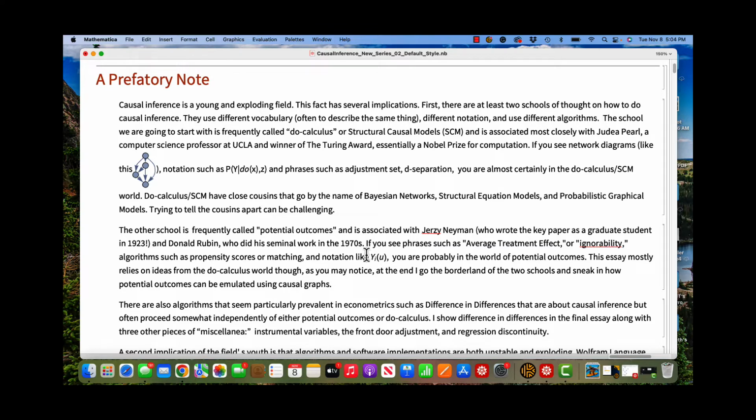One of the schools is sometimes called do calculus, structural causal models. And if you see the name Judea Pearl, who's a computer science professor at UCLA, or you hear things like do calculus, you hear words like adjustment set, d-separation, you are most likely in the do calculus world.